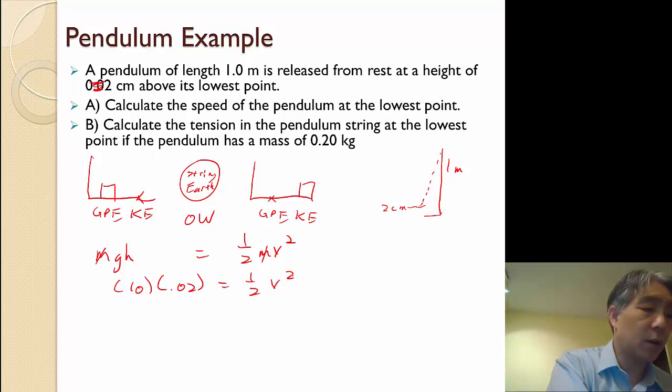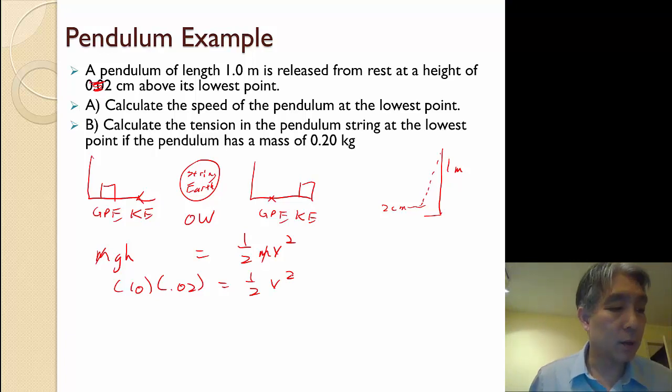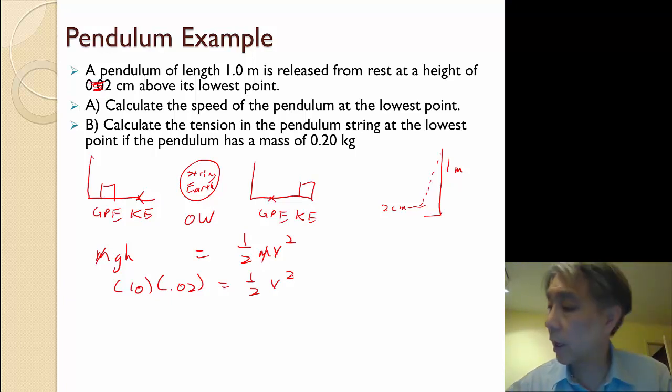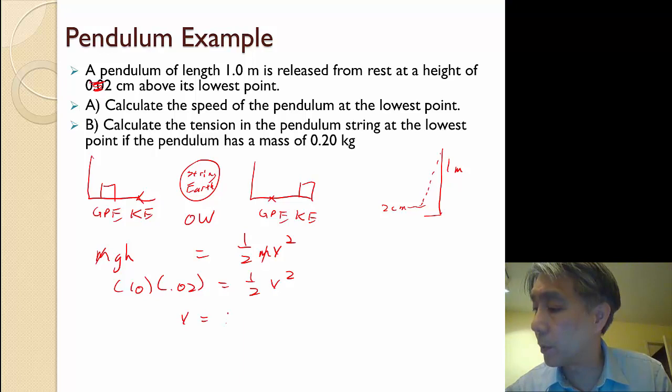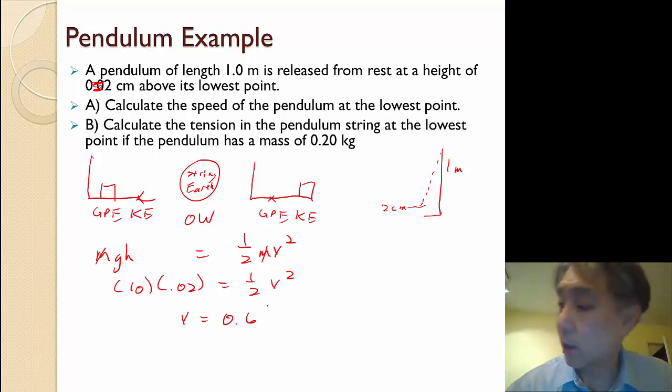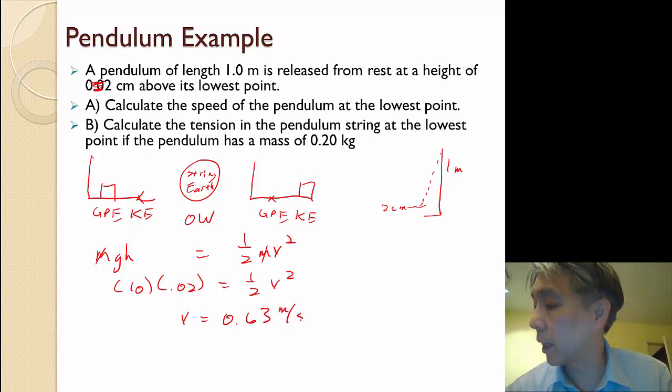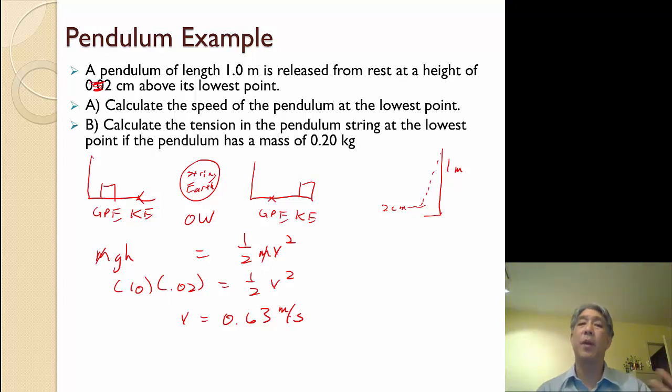And plugging that into my calculator, I find out that it is moving at a relatively slow 0.63 meters per second. So that's the speed of my pendulum at the lowest point.